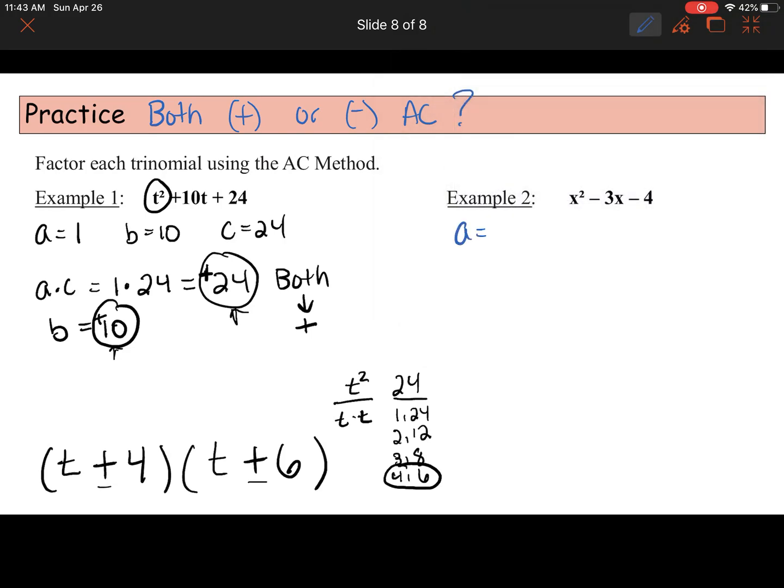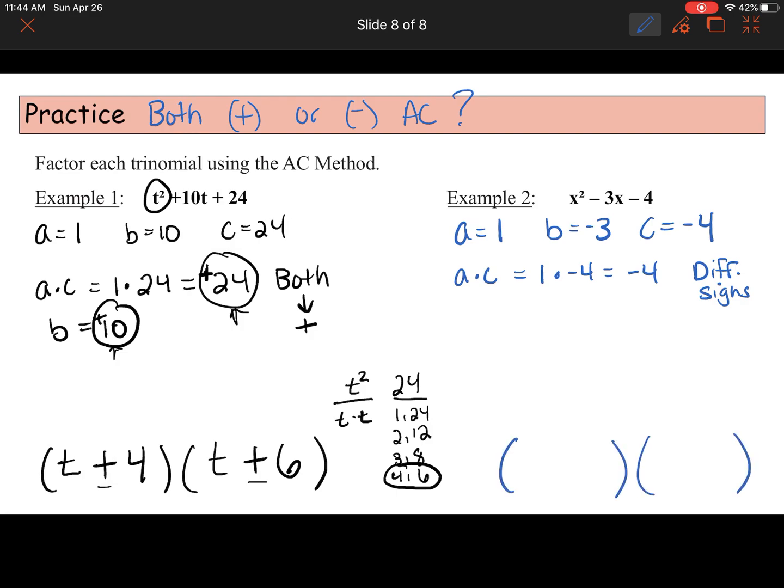And the last one, we'll do in blue. A equals, B equals, C equals. A equals 1, B equals negative 3, C equals negative 4. I multiply my A times my C. 1 times negative 4 gives me negative 4. Okay, we automatically know that AC, because it's negative, we're going to have different signs.